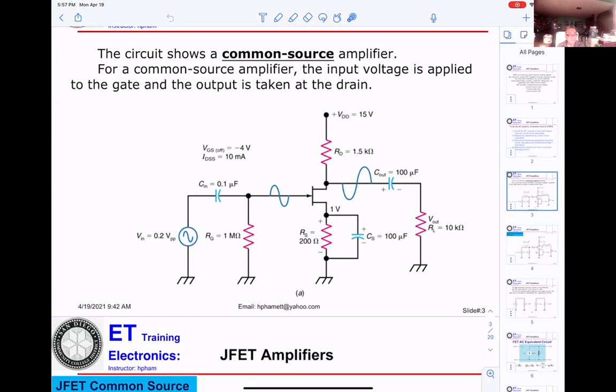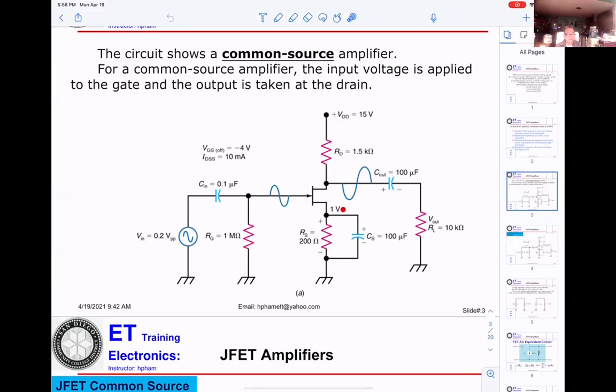But for this circuitry, they are using self-bias. For self-bias, if you want to calculate the DC, like the Q point, VGSQ, IDQ, then normally they give you the graph. However, if they don't want to use the graph, that means they have to give you something else. Here they give you VS equal 1 volt.